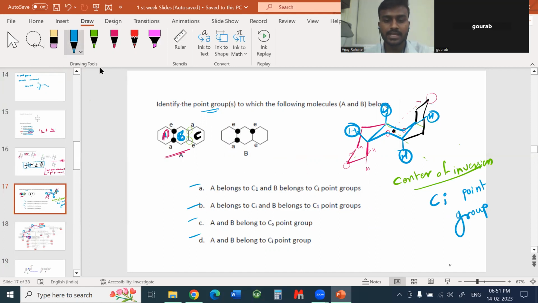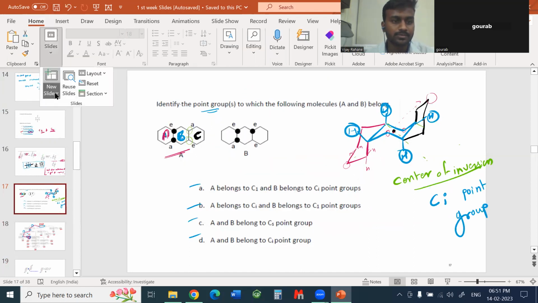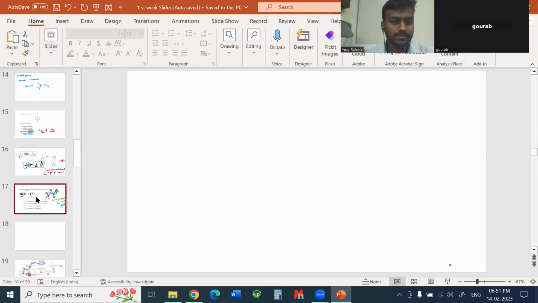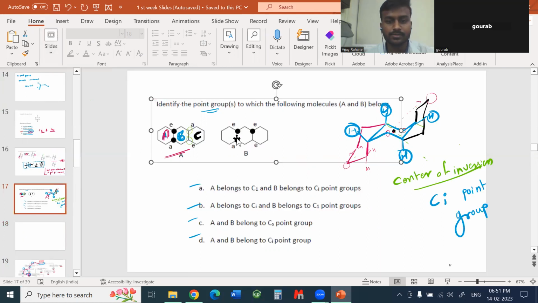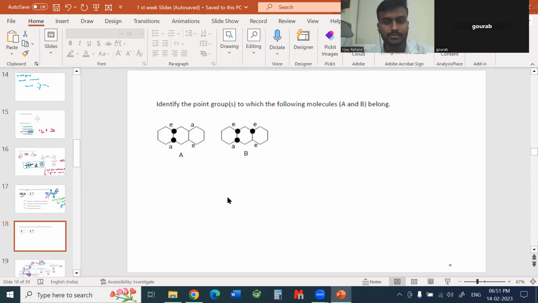Similarly, this second one we need to check now, right? How can we check it? We'll just add one slide so we can discuss on that slide. This one is the molecule. I'll just copy paste it there.